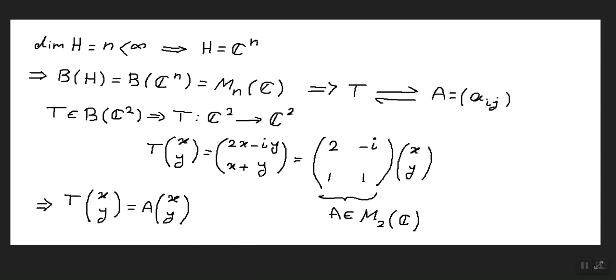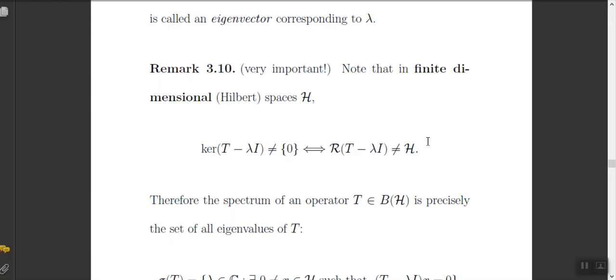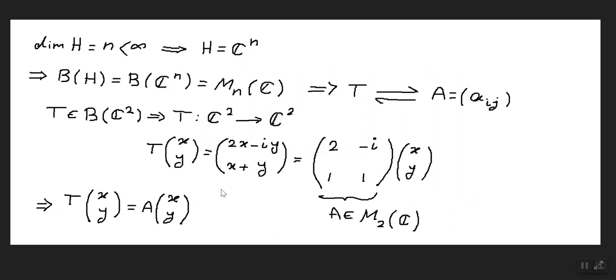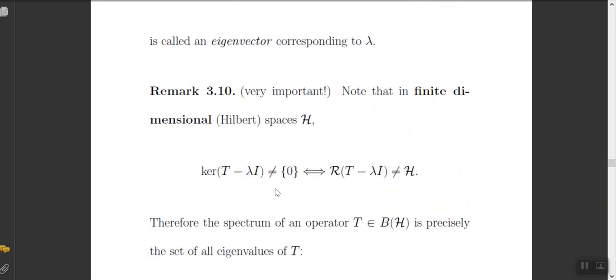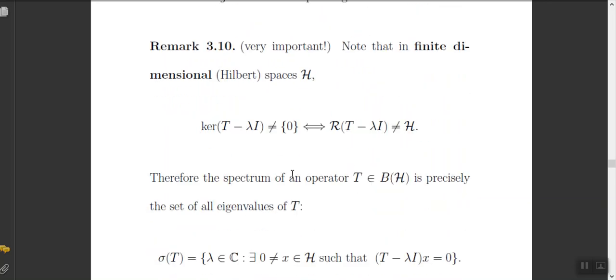So now look here. If T is a bounded linear operator on a finite dimensional space H, something like C^n, then the spectrum of T is the set of all scalars lambda such that T minus lambda I is not invertible.